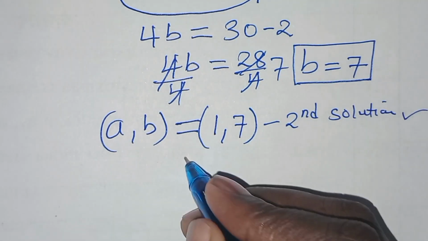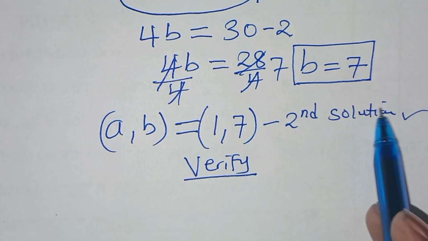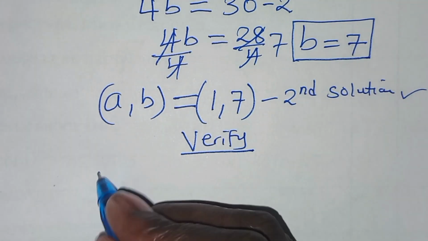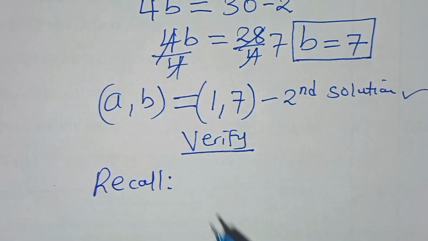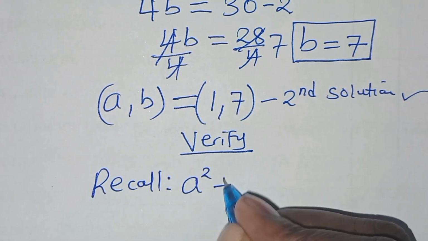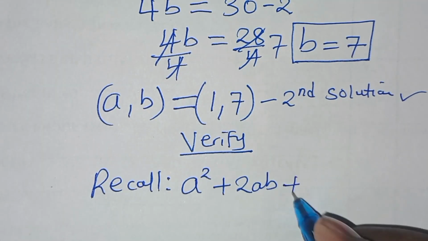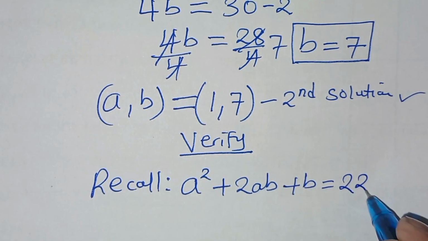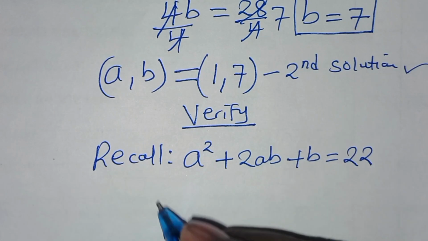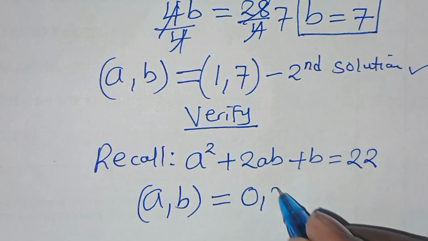So let's verify that the two sets of solutions actually satisfy the equation. Now, if you recall here, we entered a squared plus 2ab plus b. This should give us a value of 22. Now, let's start with the first set of solution in case 1, that is a, b is equal to 0, 22.